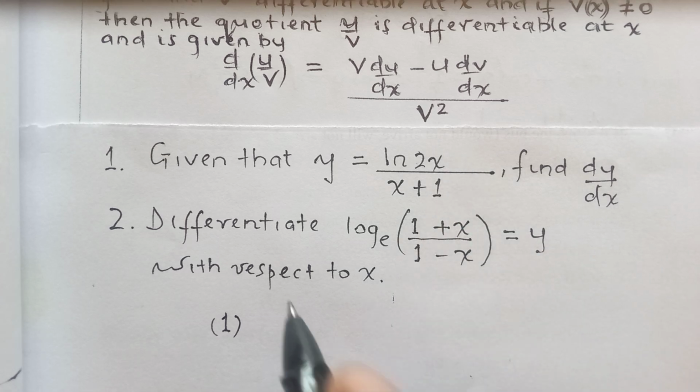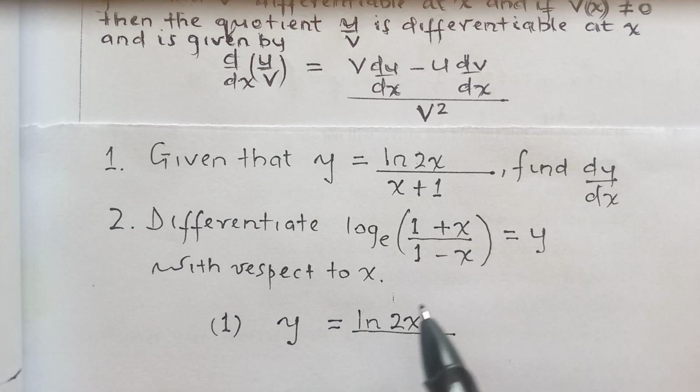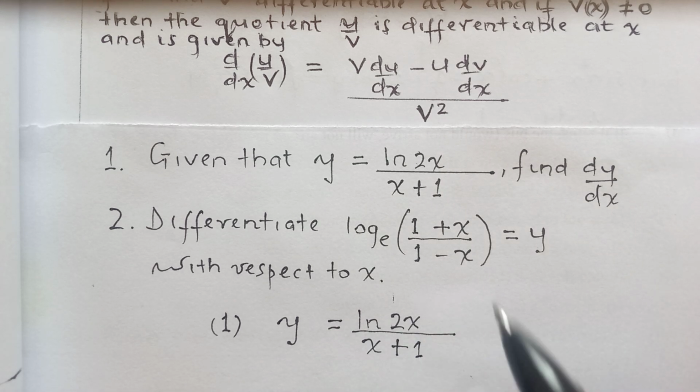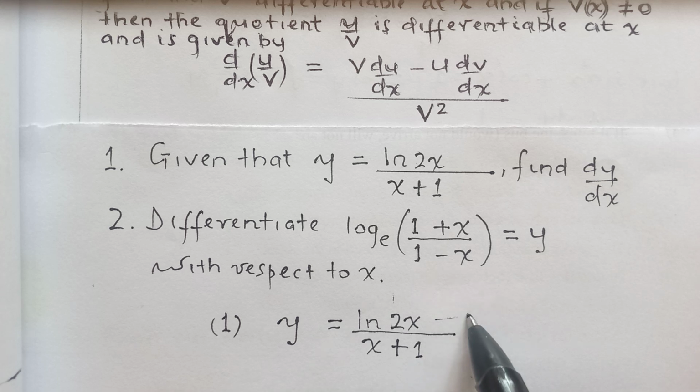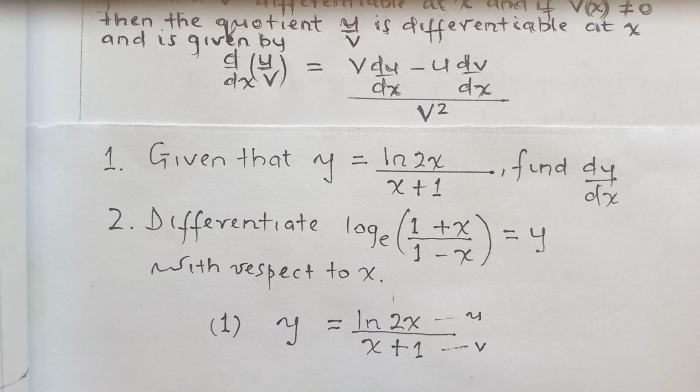That will be, let me write it there, y equals natural log of 2x all over x plus 1. So we can say this one we give it u, while this one we give it v. And so here we shall say u is equal to natural log of 2x.